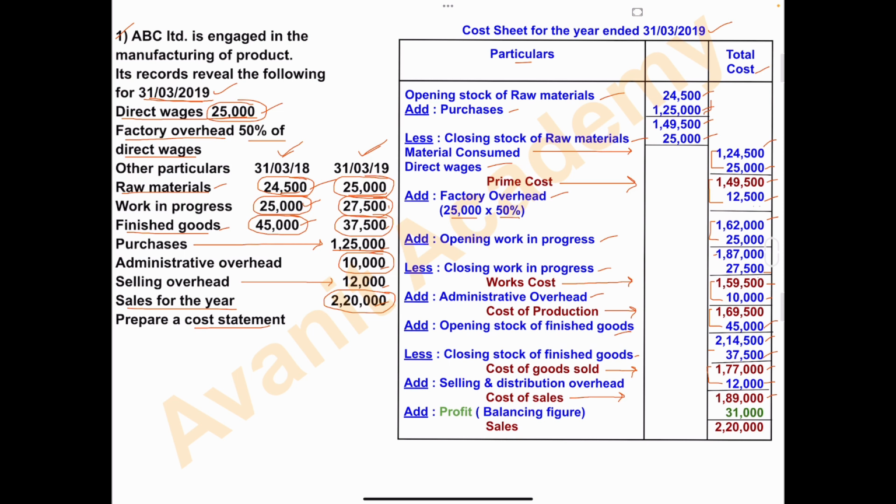So first write sales. Sales is 2,20,000. From this 2,20,000 minus the cost of sales amount, that is 1,89,000.